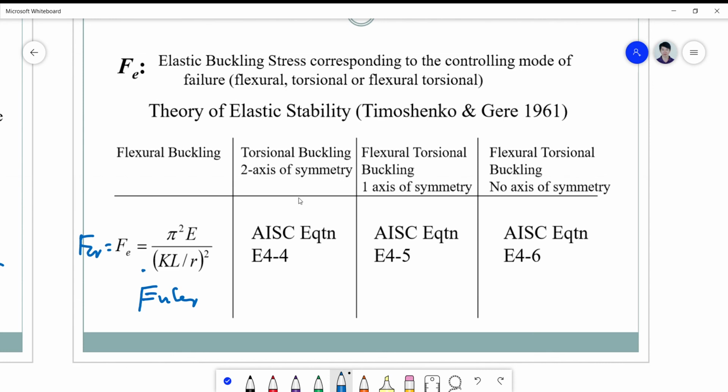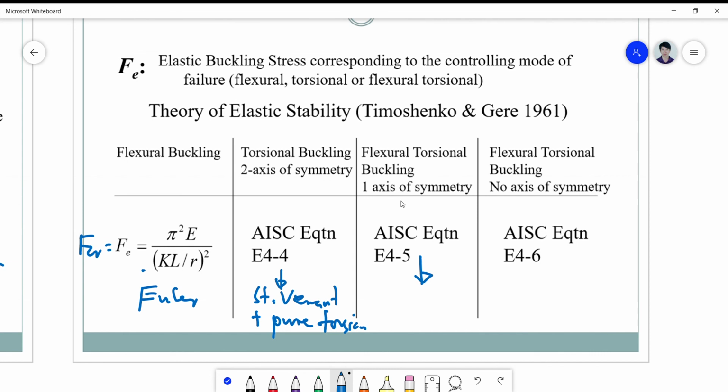For torsional buckling two axis, you get 4-4. The one with the torsional formula, so Saint Venant and pure torsion effect. So you can look into the derivation of this.